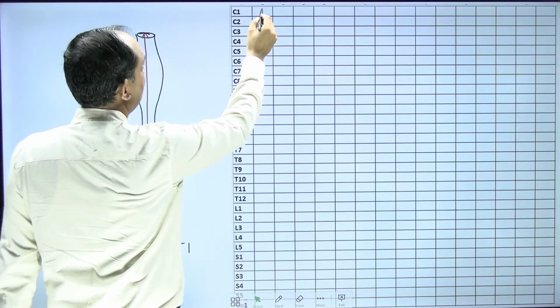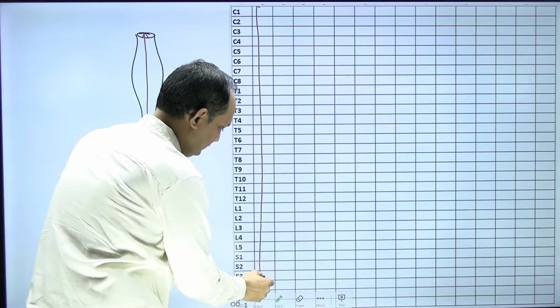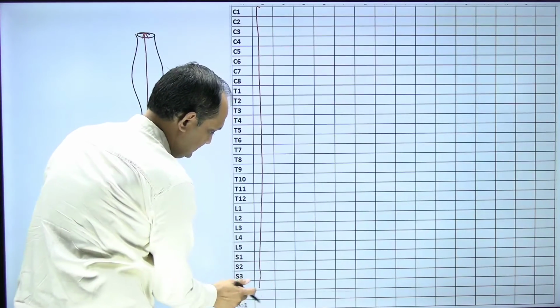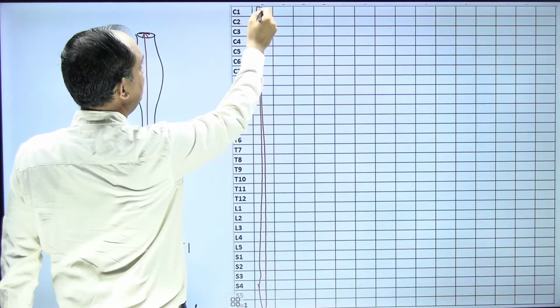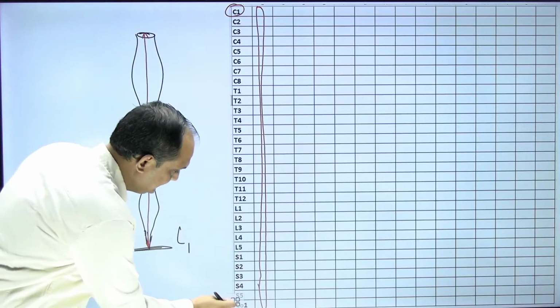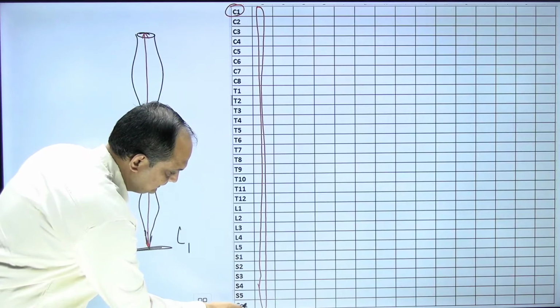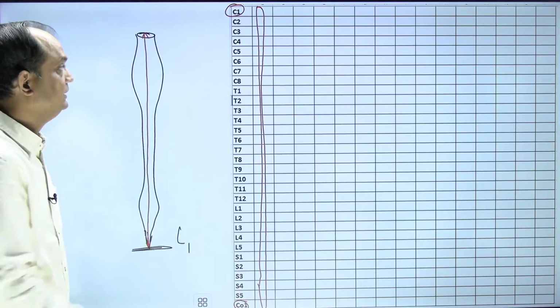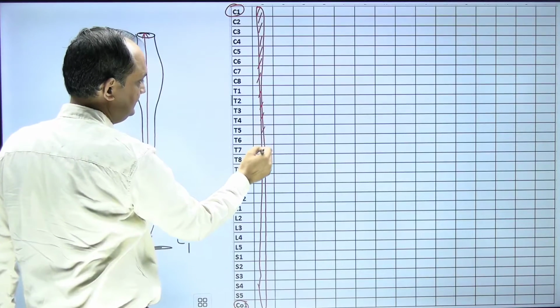So here I am drawing the length of your supramarginal nucleus, which goes the whole length. What do I mean by whole length? It starts from the first cervical segment and ends in the coccygeal segment. So I can draw this in the whole length.